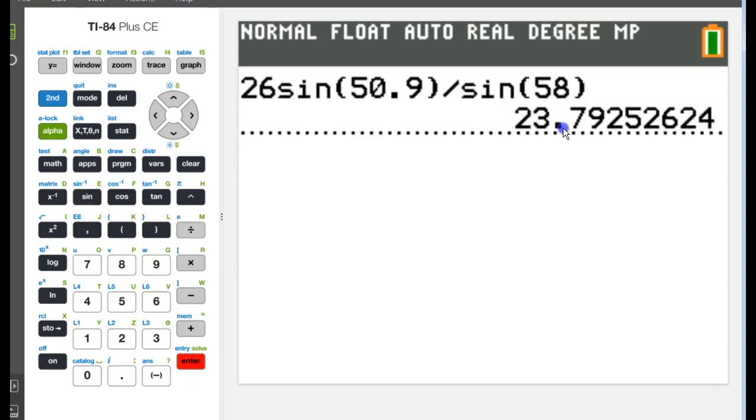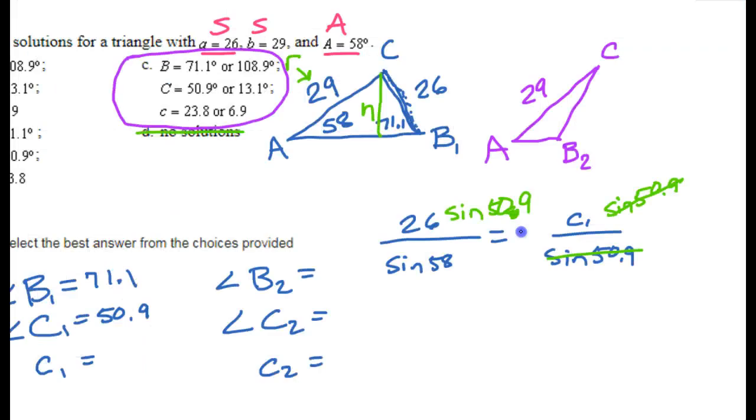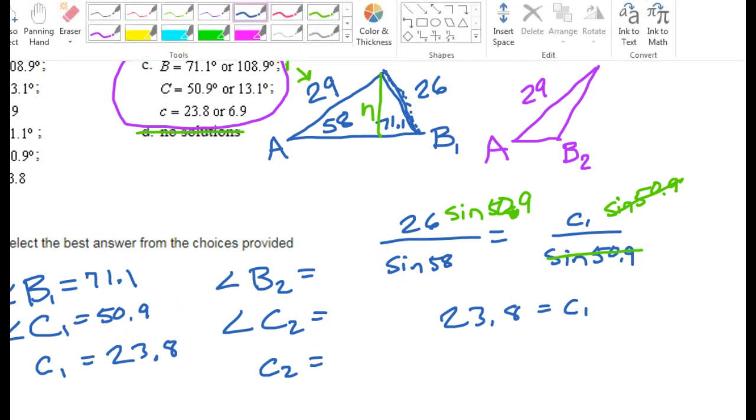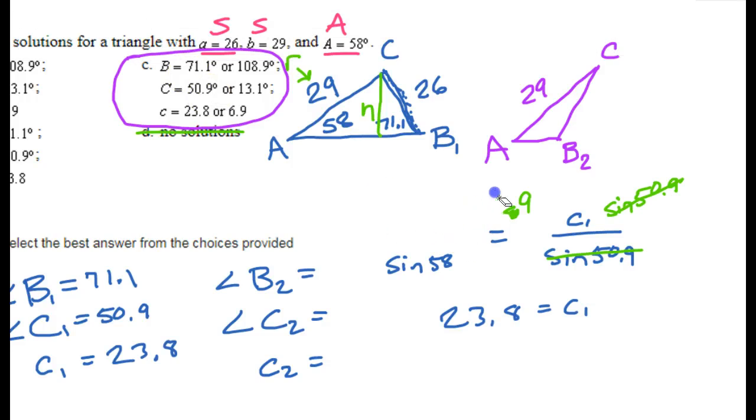So I'm getting 23.8. So I've got 23.8. All right, so we solved the first triangle. So now it's time to solve the second triangle.